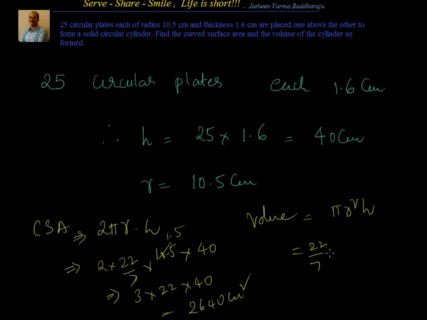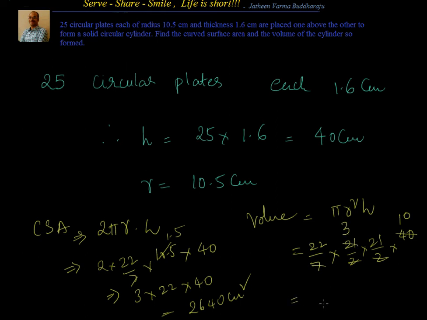Coming to the volume, volume formula is pi r square h. So we will have 22 by 7 into r square, that's nothing but 21 by 2 into 21 by 2 into h equal to 40. So 2 into 4, 4 will go 10 times. Then we have 7, 7 will go 3 times.